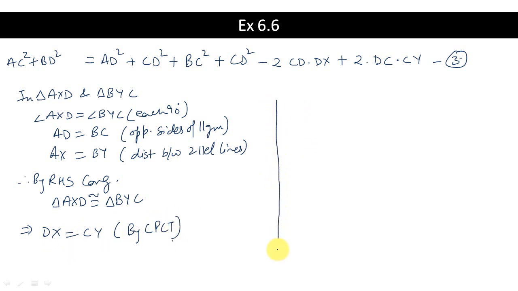So if DX and CY are equal, that means this minus 2 times CD into DX and plus 2 times DC into CY will be equal, because in place of CY we'll write DX.